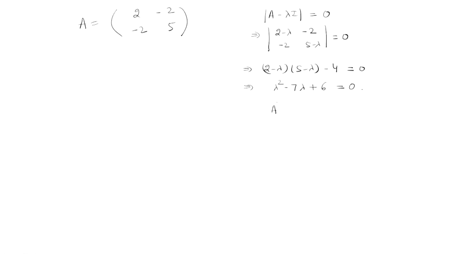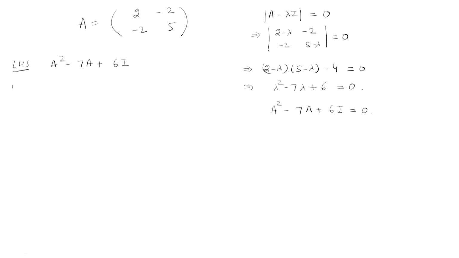Now, what from the Cayley-Hamilton theorem? From the Cayley-Hamilton theorem, we must have A square minus 7A plus 6I should be 0. This we have to verify. In order to verify, you simply take the left hand side, A square minus 7A plus 6I, and we have to show that it is equal to the null matrix. So, first find A square.